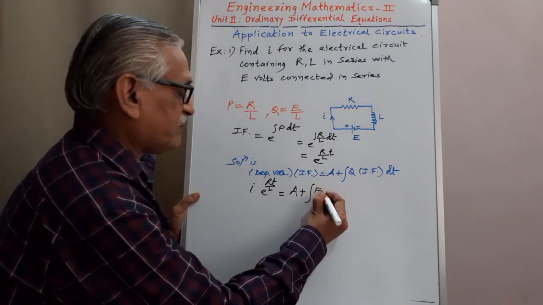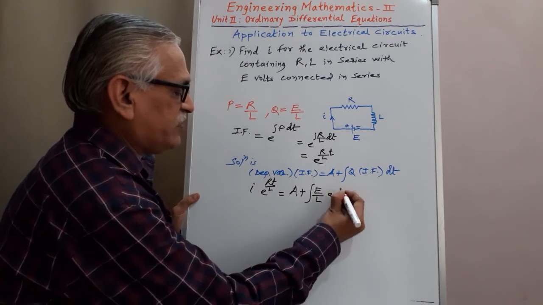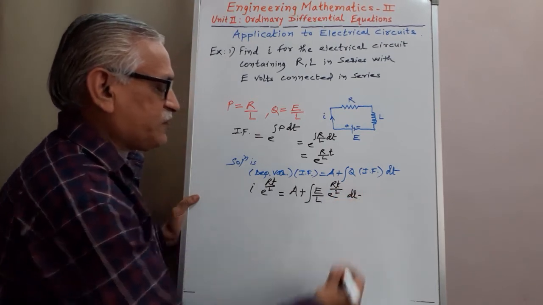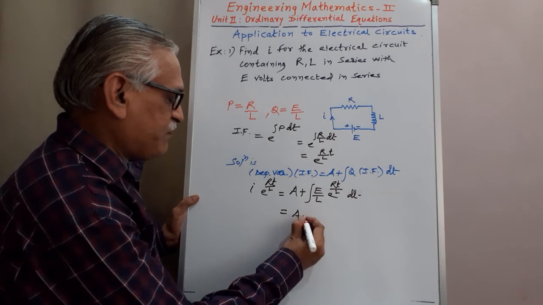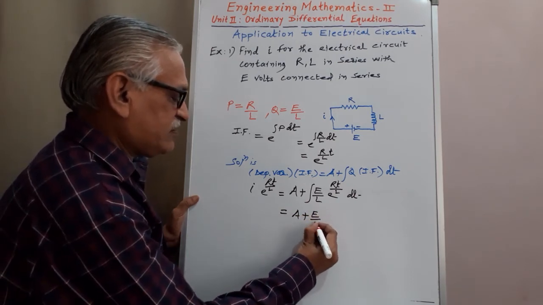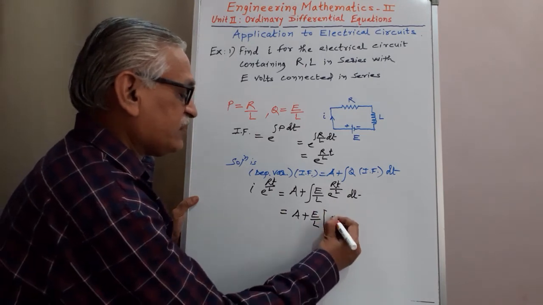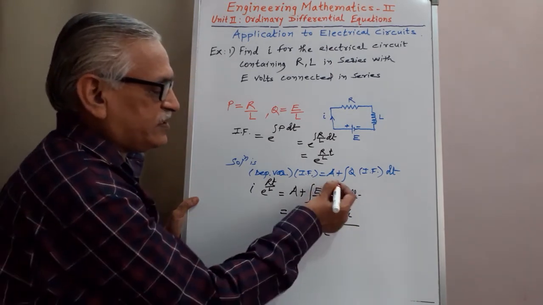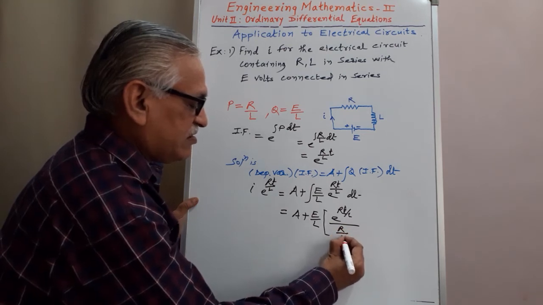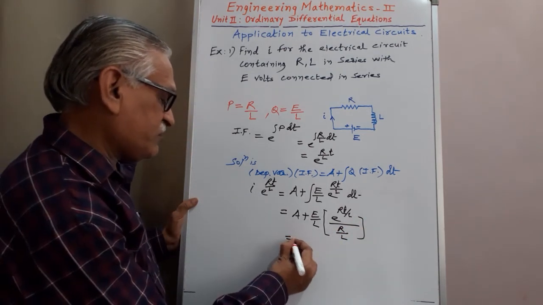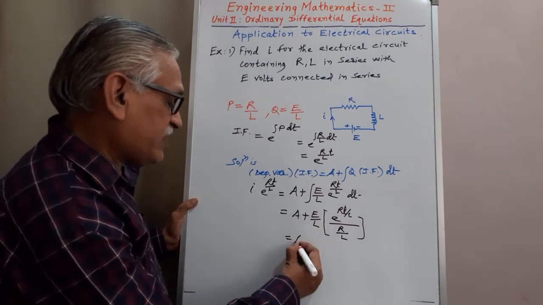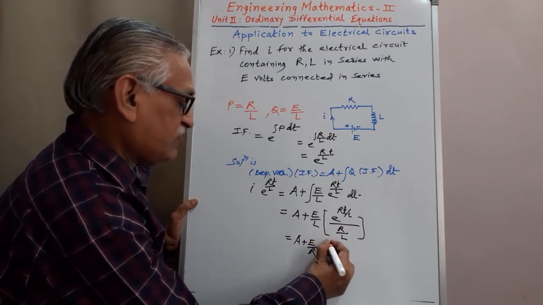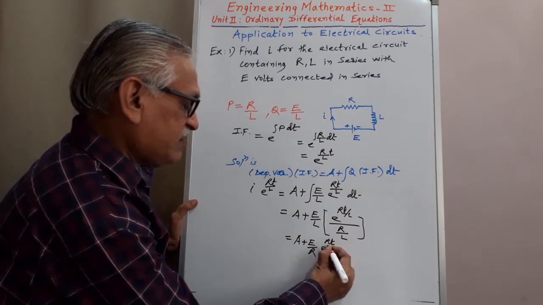Q is E by L and IF is e raised to RT divided by L, integrated with respect to T. Therefore it is A plus E by L, constant outside, integration of e raised to RT by L is e raised to RT by L divided by the coefficient of T, which is R by L. The L's get cancelled and we get A plus E by R e raised to RT divided by L.